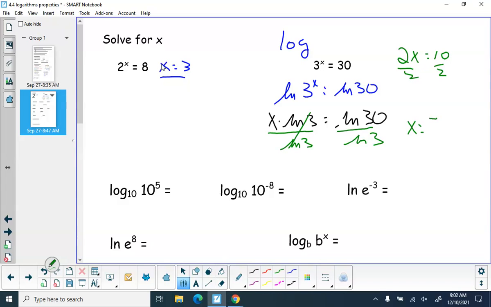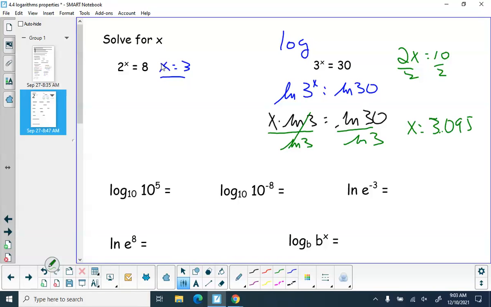Type it into your calculator. 3.095. Take it to 3 decimal places. 3.095.